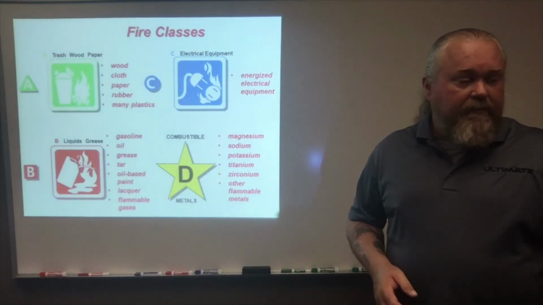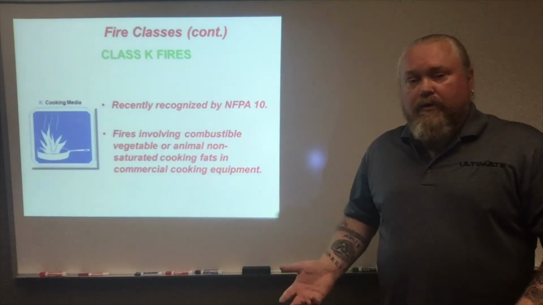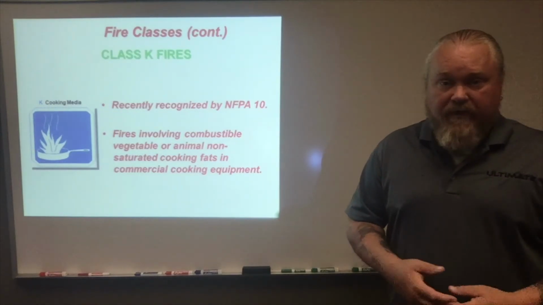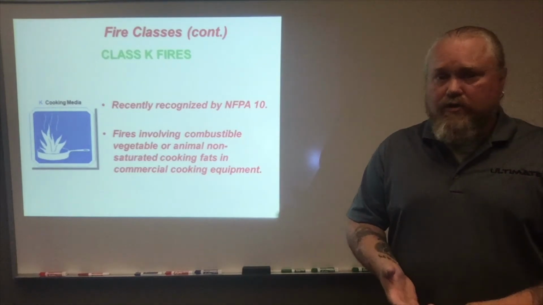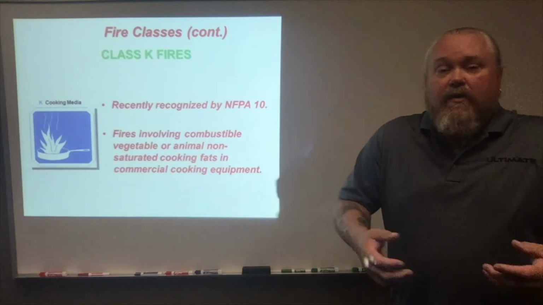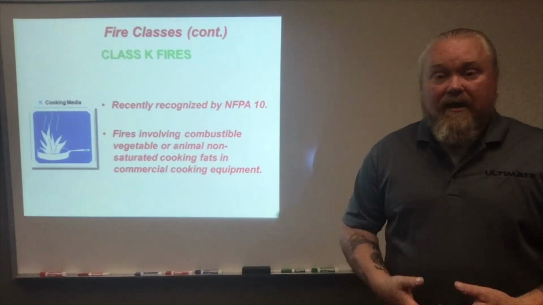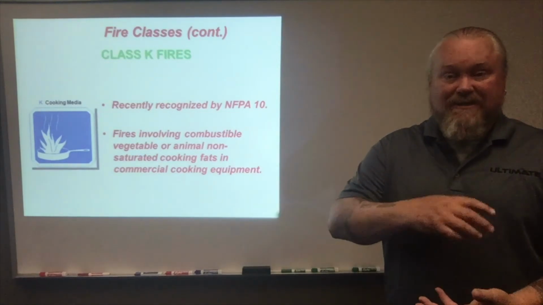And then finally, you have something that you'll see out in your personal lives, and that is a Class K fire. These are your kitchen-based fires, your deep fat fryers, your grills, things of that nature. They require something that's light in nature, lighter than your oils, so they sit on top.